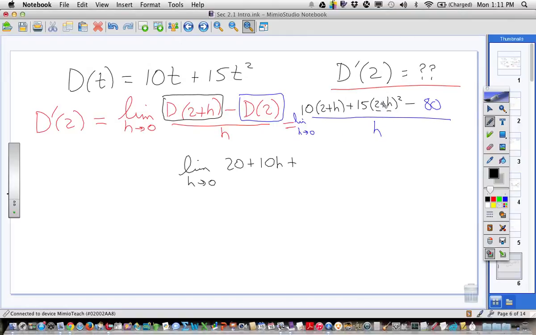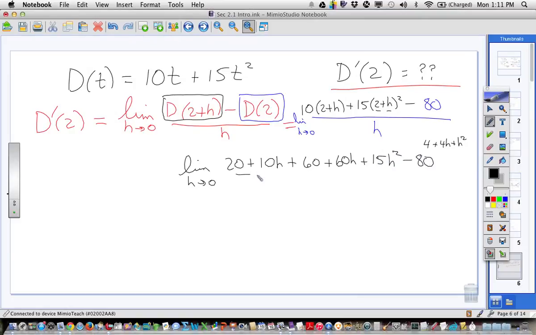So this would be 4, I hate to write it, that's kind of an extra step, 4 plus 4h plus h squared. Then we have to take it times 15. So that would be 60 plus 60h plus 15h squared, and then minus the 80.